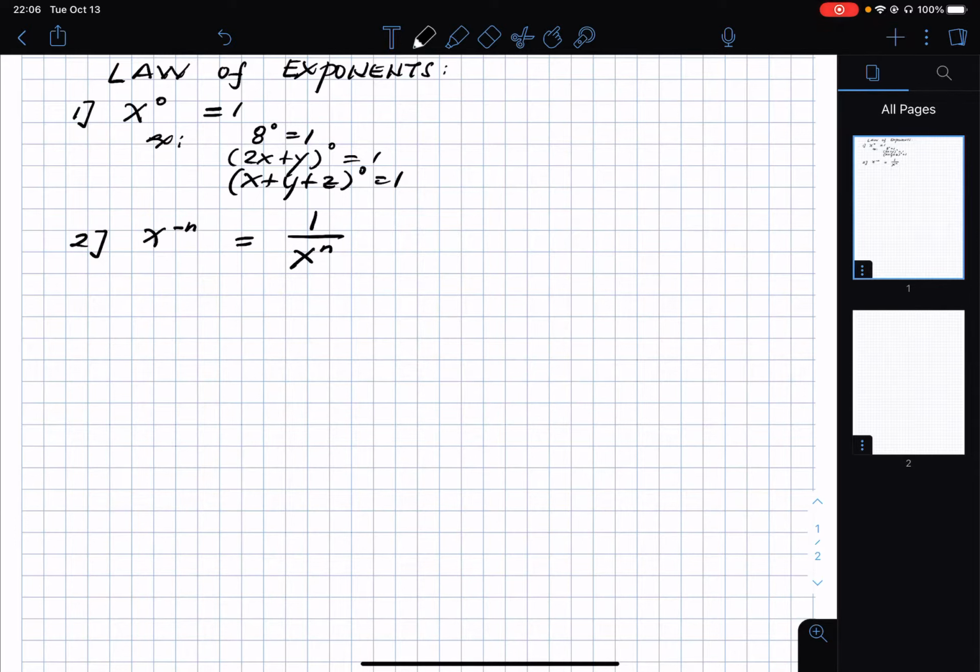Okay. So as an example, say you have 2 raised to negative 3. This will be 1 over 2 raised to 3. 2 raised to 3 is 8. So it's equal to 1/8.